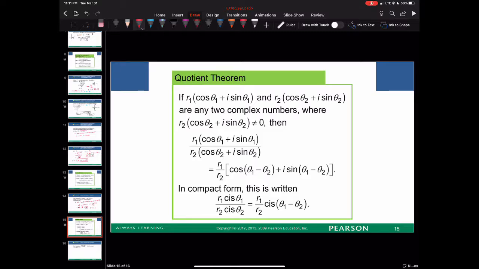And instead of adding the two thetas, you're going to do what? Subtract them. And then instead of multiplying the two r's, you do what? Divide them. So make sure you get this written down, but you know, you can always pause it and then write the stuff down.